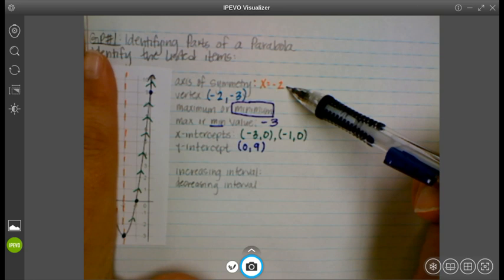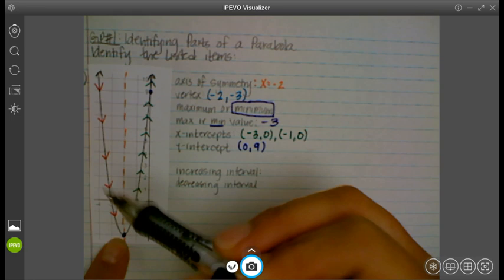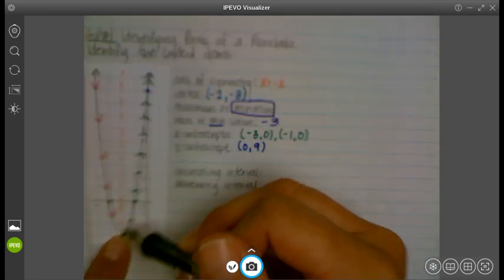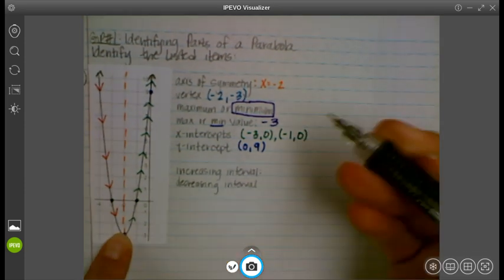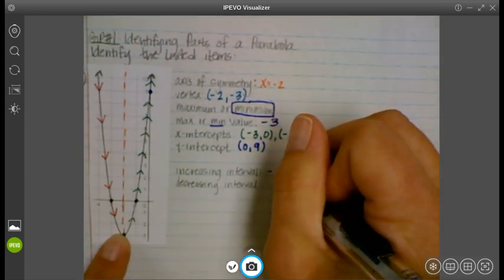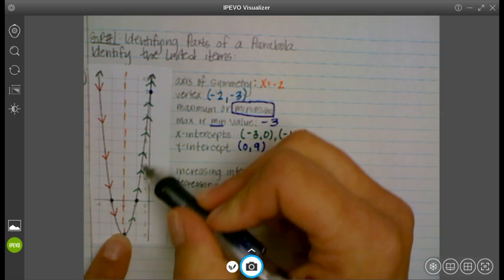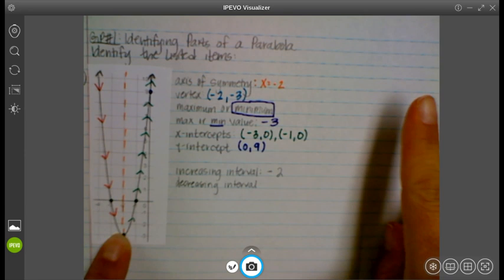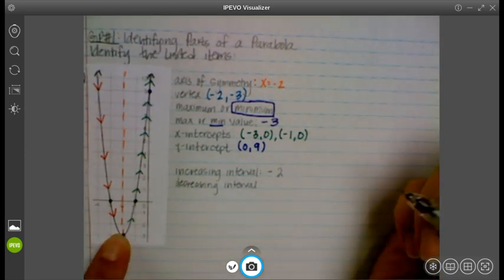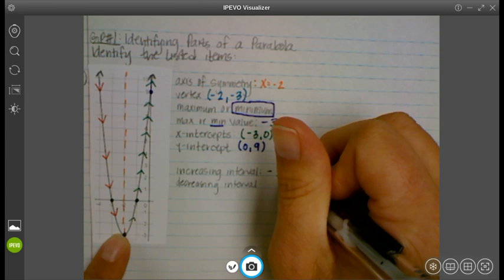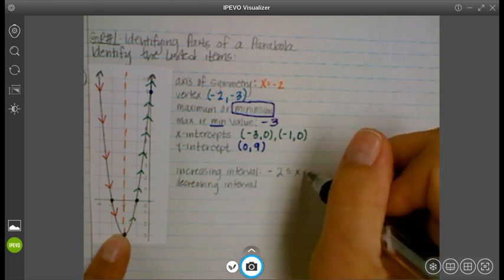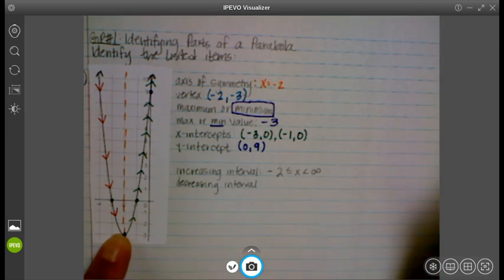Our graph begins to increase at the axis of symmetry, which is -2. So it increases from -2 all the way to the right, which is positive infinity. So it's increasing on -2 less than or equal to x less than positive infinity.